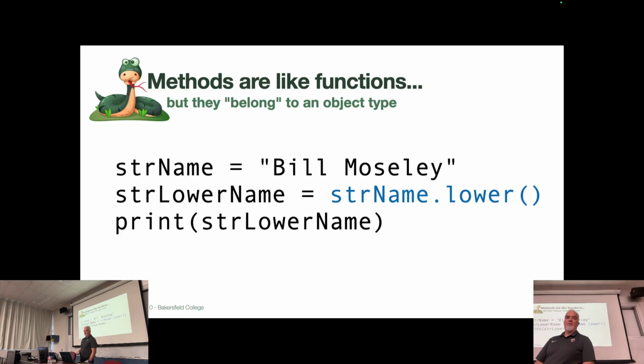It changed the case. Specifically, everything in that string that was uppercase and has a lowercase equivalent, right? It became lowercase. Now, if I have punctuation, spaces, numbers, those don't have uppercase and lowercase variants, but letters do.